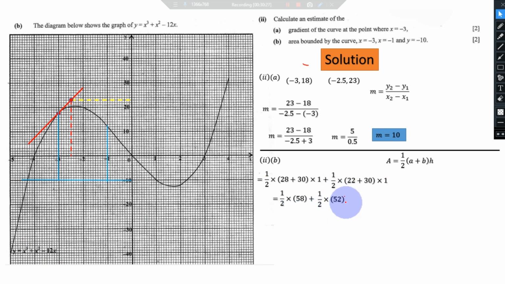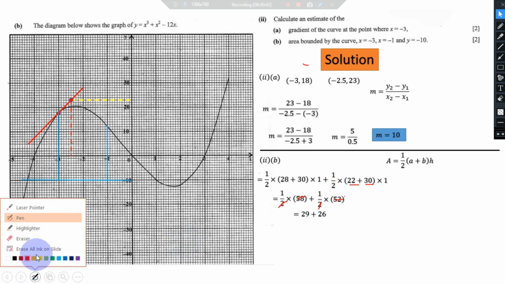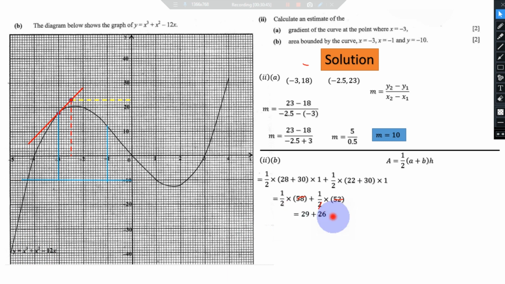Then there we have 52, adding 22 plus 30. Then we divide the 2 into 58. How many times? Correct, that is 29. Then the 2 into 52, that is 26. Then you add, what is 29 plus 26? So the answer is 55.